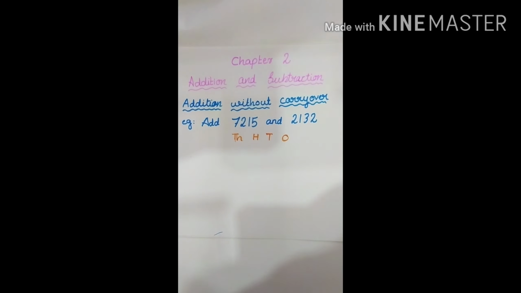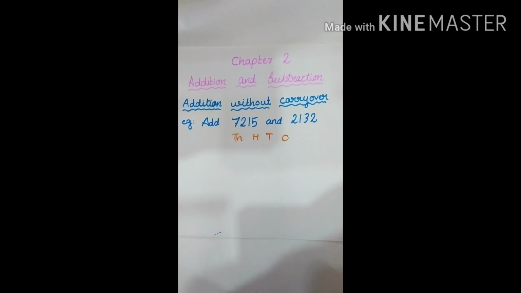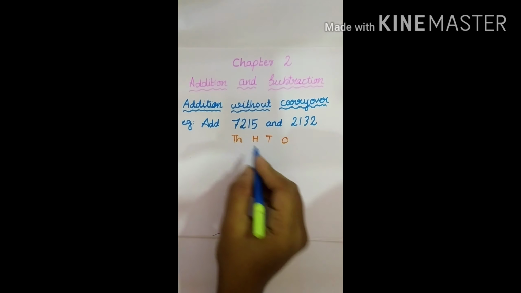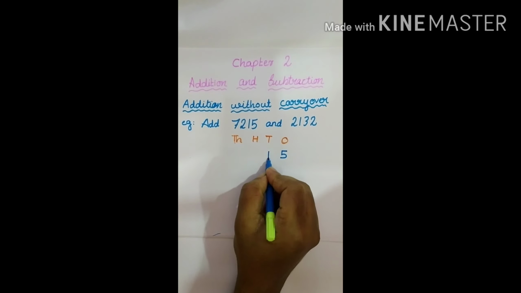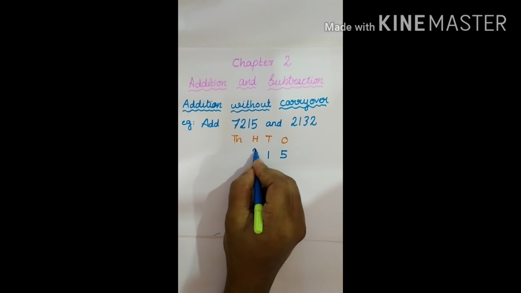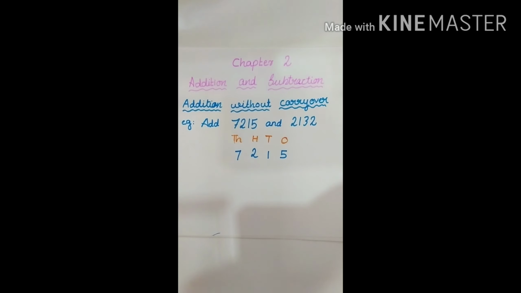First we write the first number, and we start from the ones place. Let us arrange the first number, 7250. Then we can mark the places of each digit: 0 comes under ones, 5 comes under tens, 2 comes under hundreds, 7 comes under thousands.